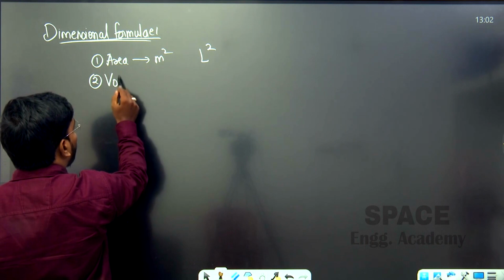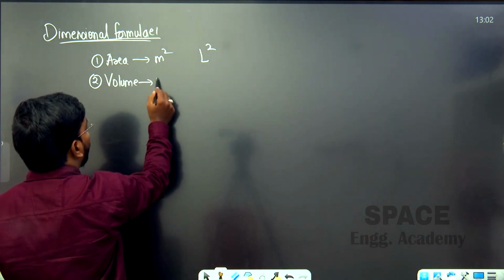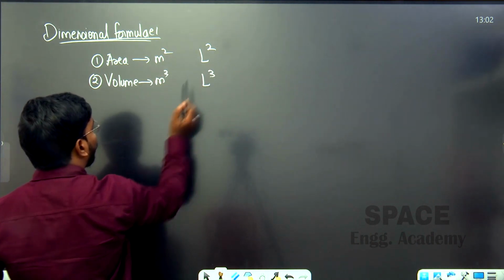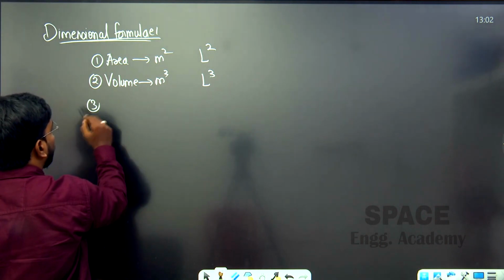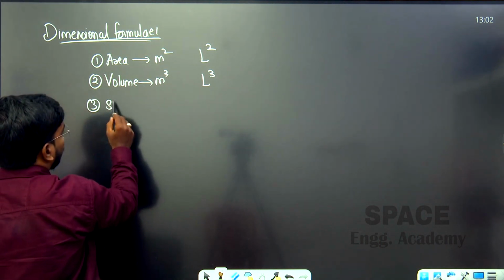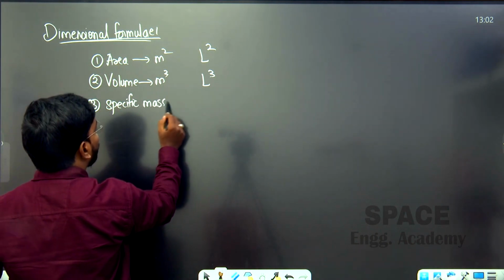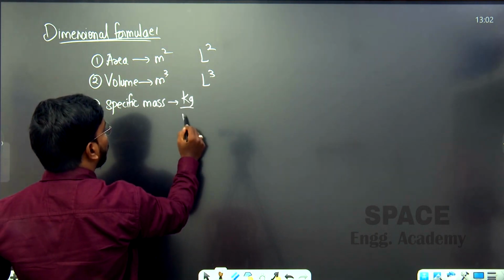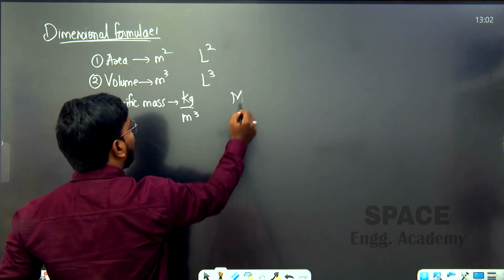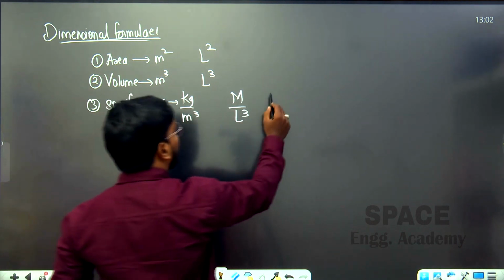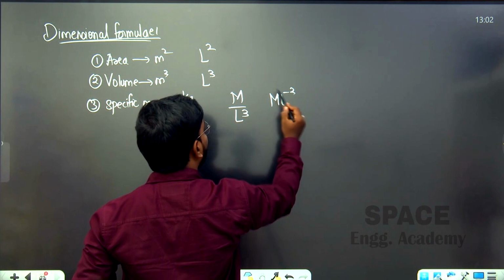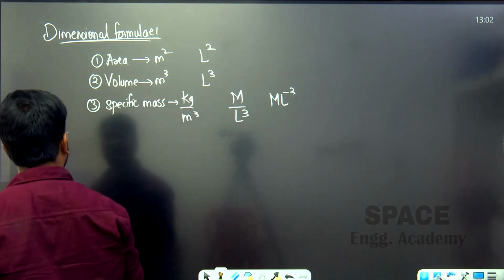Second one is volume. Volume is meter cube, so we can write L cube. Third one is specific mass. Specific mass is kg per meter cube. It is M by L cube, that is M L to the power of minus 3.